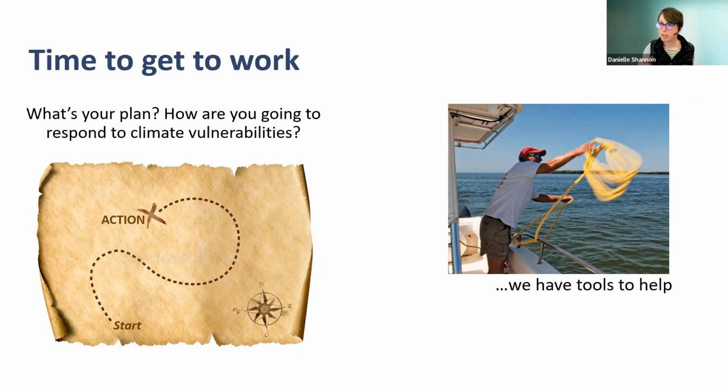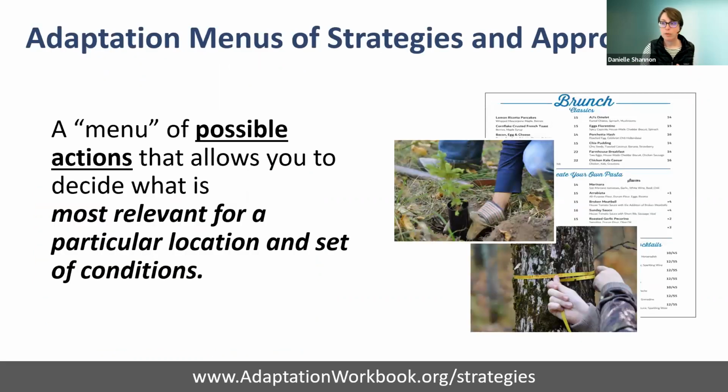And so part of what we're going to be talking about today is uncovering some of those tools that you do have that can help you in that brainstorming process. So the biggest tool that we have that will really help to get the wheels turning and get you thinking about different climate adaptation options and even on the ground tactics are our adaptation menus of strategies and approaches.